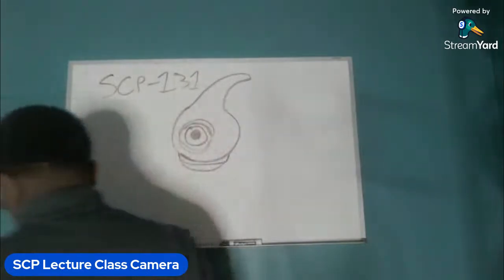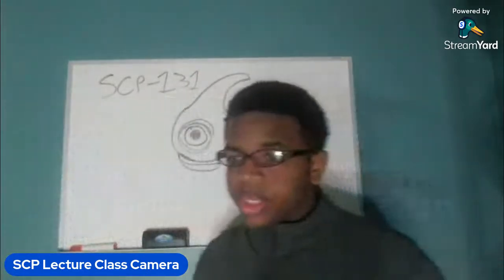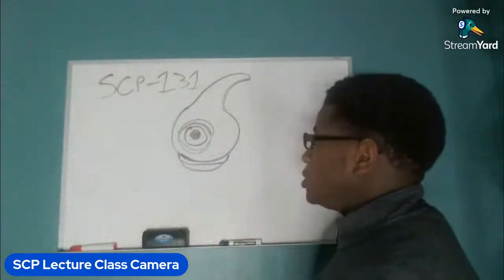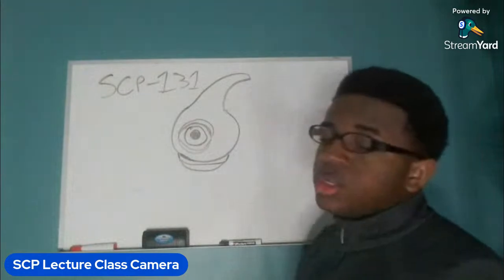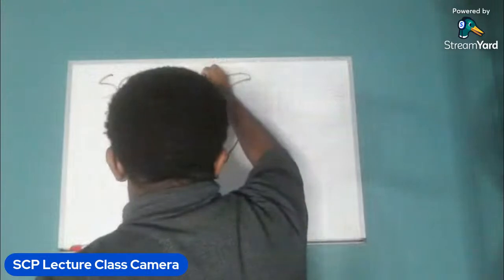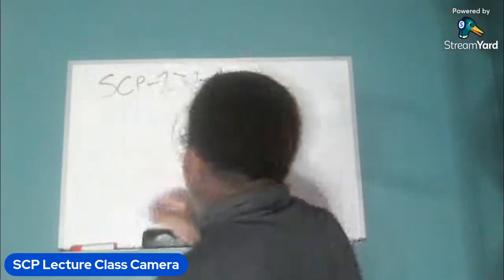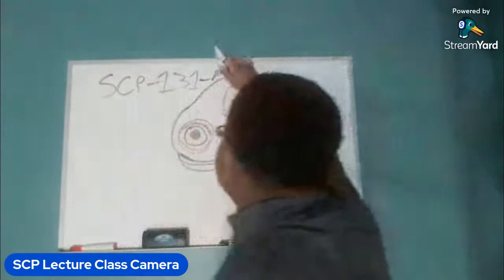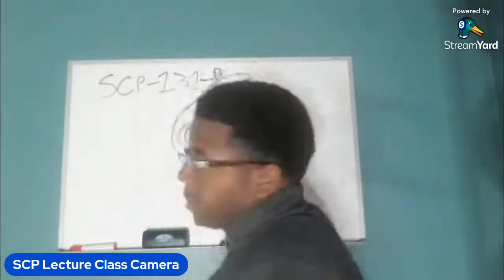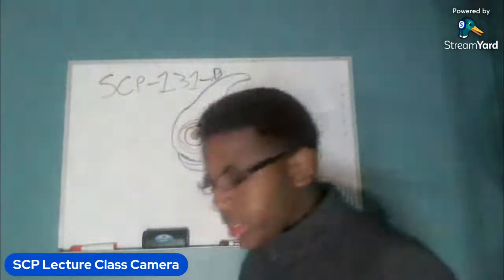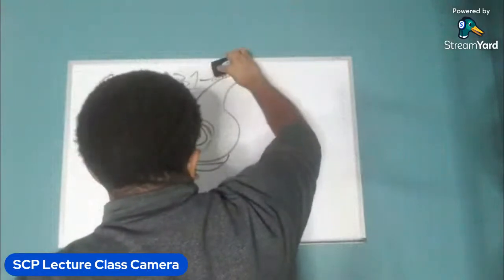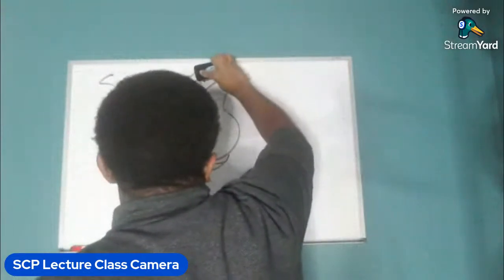SCP-131. Now, before I get to the safe class, I do want to make it known that when it comes to learning about anomalies, sometimes they will have a dash A, a dash B, basically letters in the alphabet, because SCP-131, there are two of them.